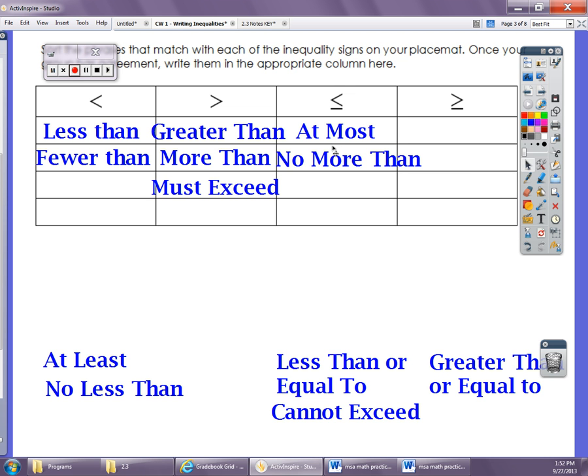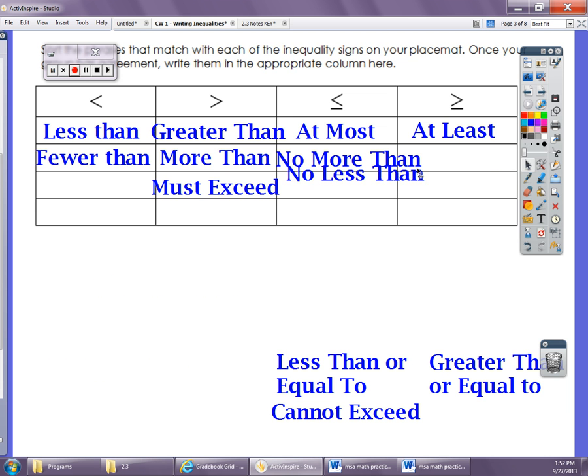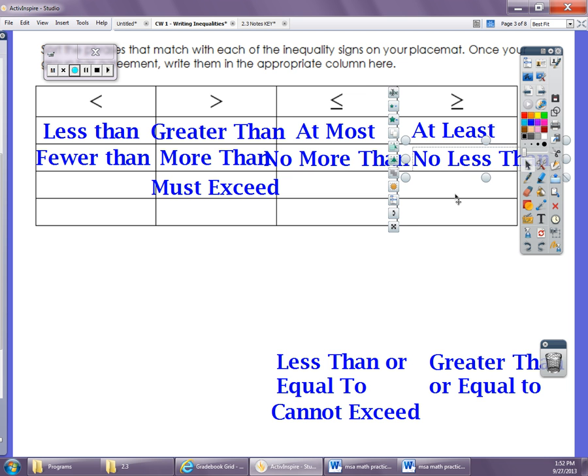And then the last one we have, at least, is the same thing as at most, but at least means it has to be at least that, no less than. So something is no less than this amount, no less than.